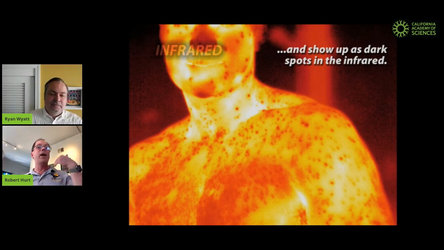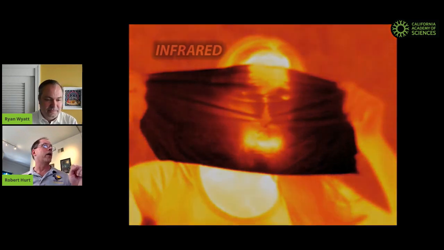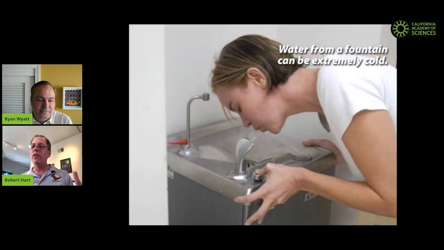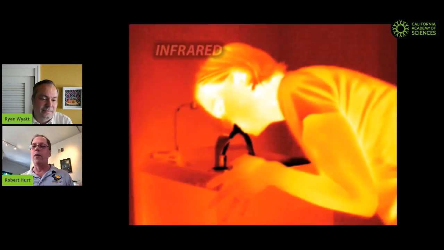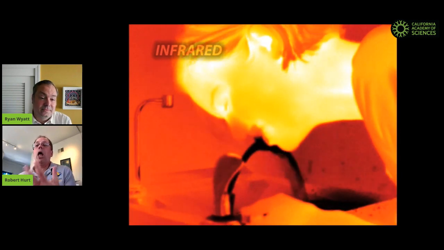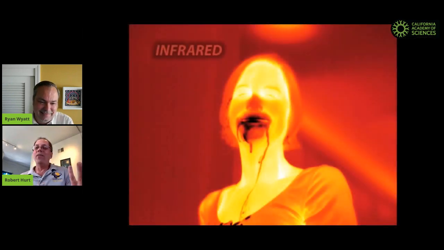But then my other favorite sequence in this is a friend of ours, Whitney Clavin, just walking through the hall, trying to get a drink of water. I think if we jump in at around 2:26, yeah. So we just took a few pictures of her, very innocent, sipping from a water fountain. What's weird about that? Well, aside from the fact in the infrared it looks like she's drinking blood, she gets up, smiles.